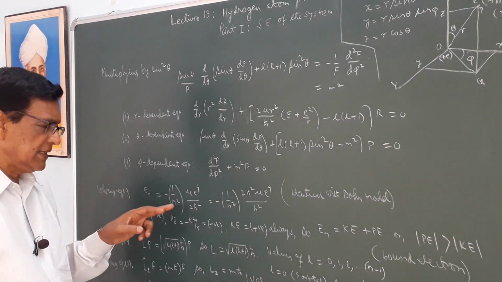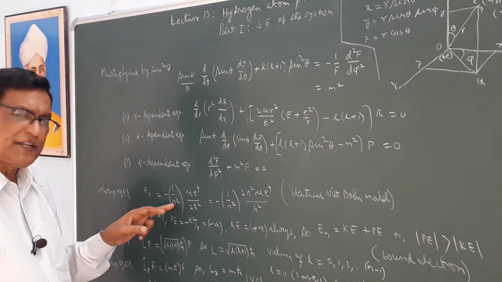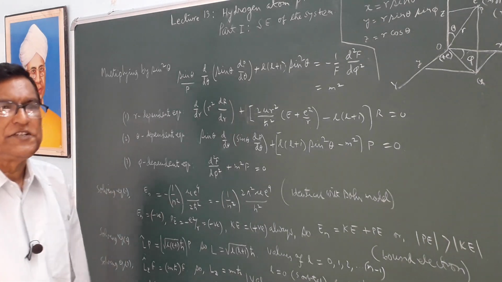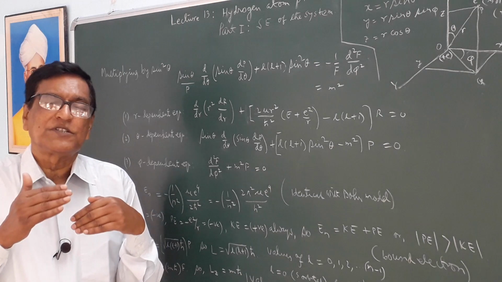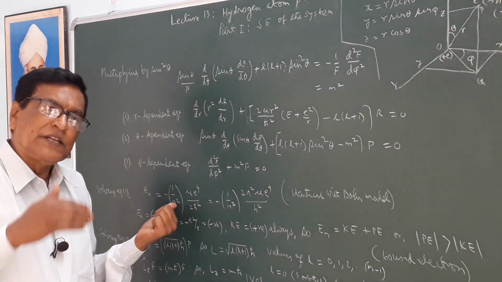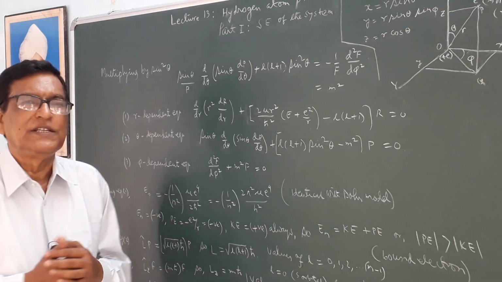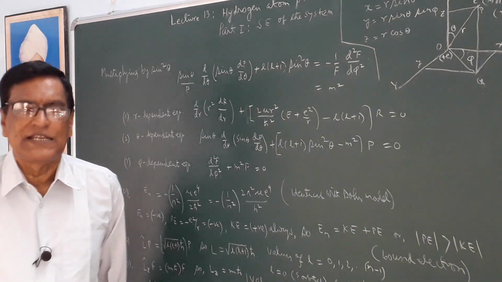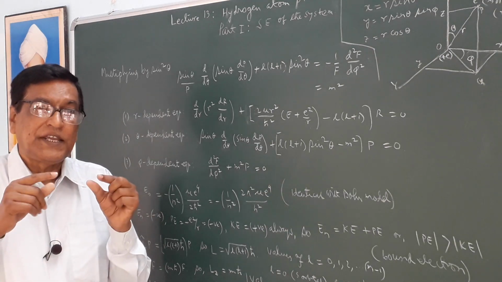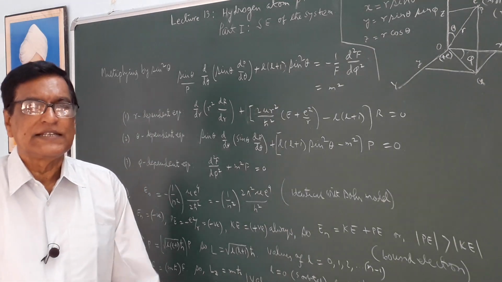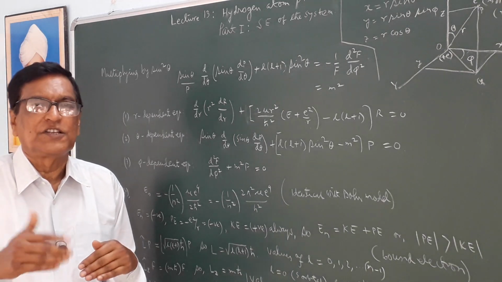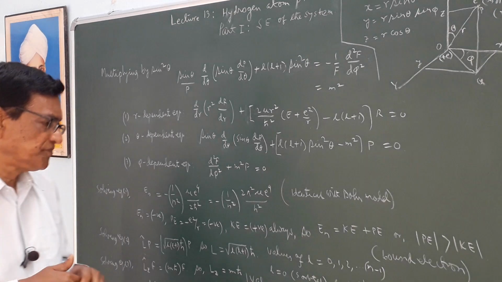Not only does the principal quantum number determine the energy of the electron in the hydrogen atom, it also determines the distance of the electron from the nucleus. The larger the value of n, the greater the distance of the electron from the nucleus. Say, the state n equal to 2 is at a larger distance from the nucleus than the state n equal to 1.